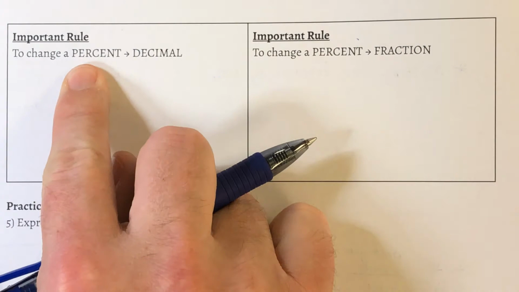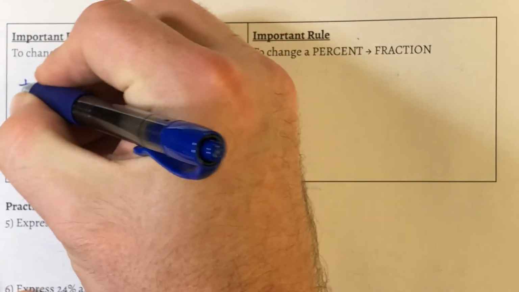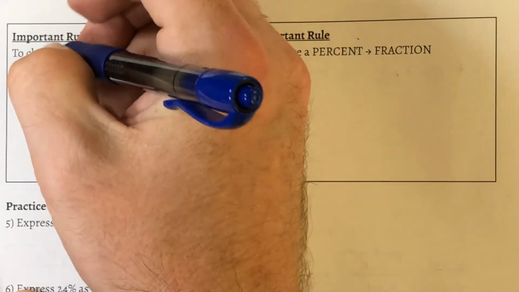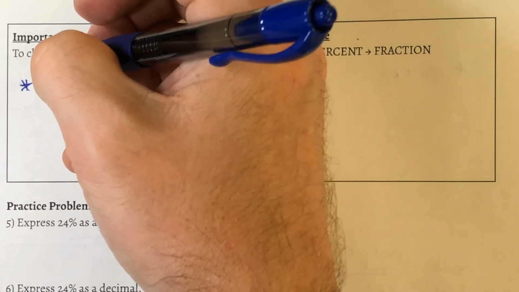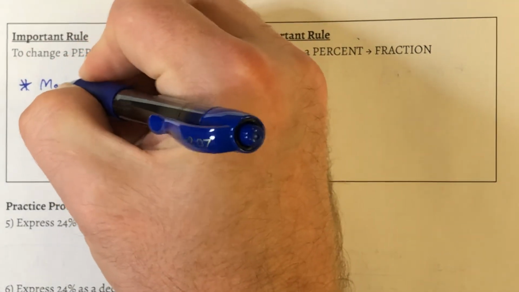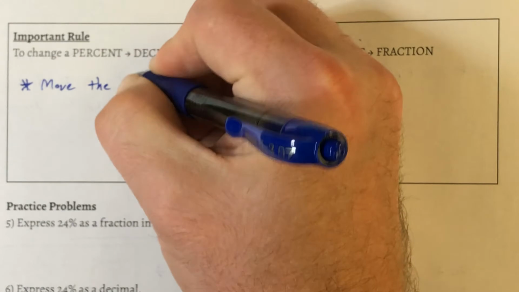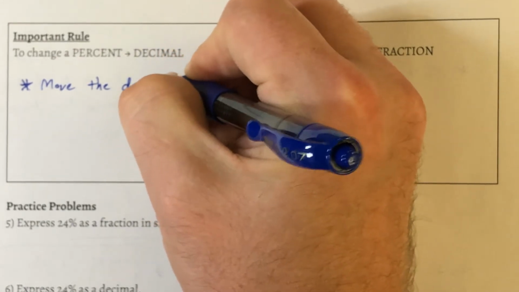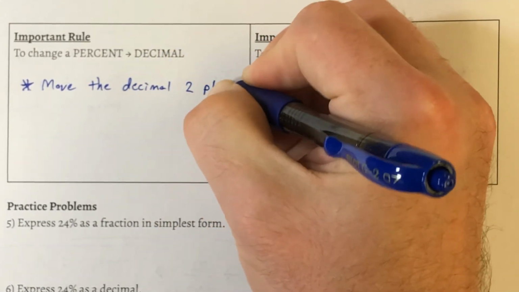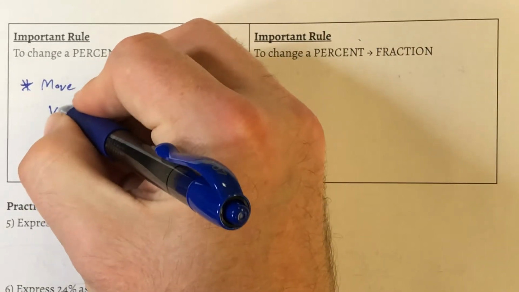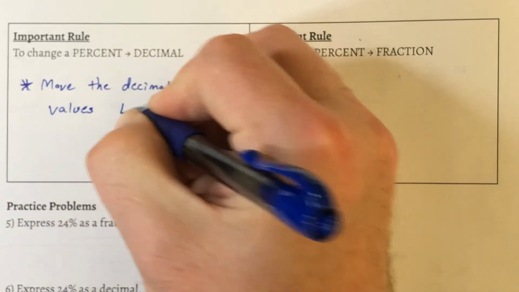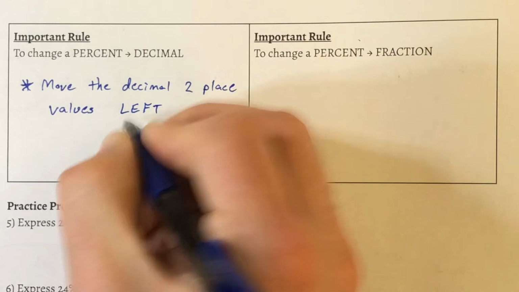All right, first, changing a percent to a decimal. Your primary rule, your only rule basically, is to move the decimal two place values left.